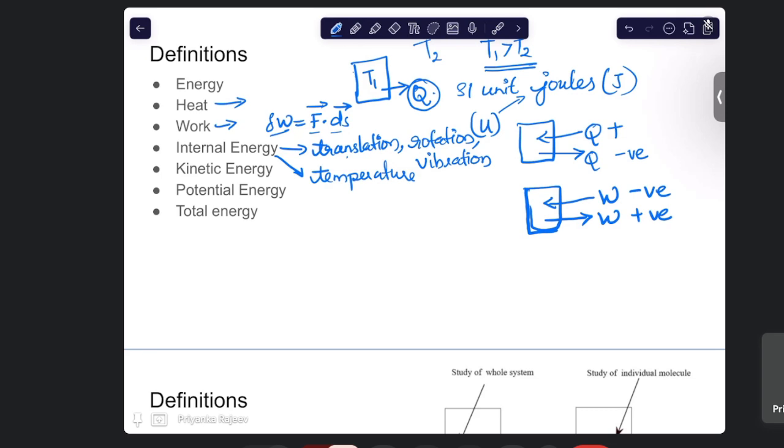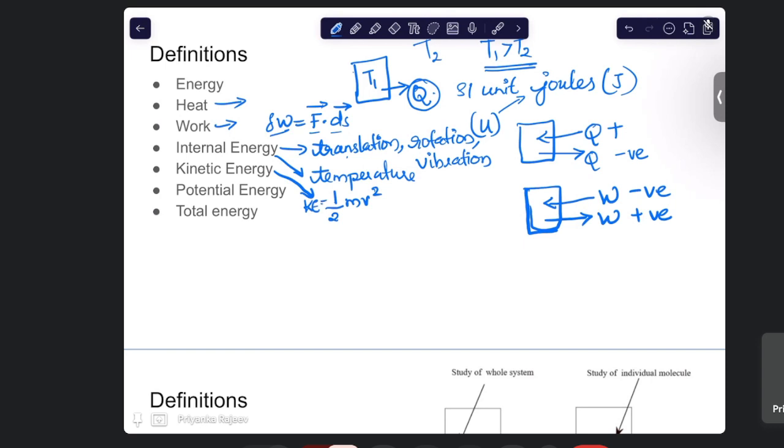Kinetic energy and potential energy are at the bulk, or macroscopic, level, where kinetic energy is the energy possessed by moving objects in an inertial frame with some velocity, let's call it v. Then it will be half mv square. That is how we calculate it.